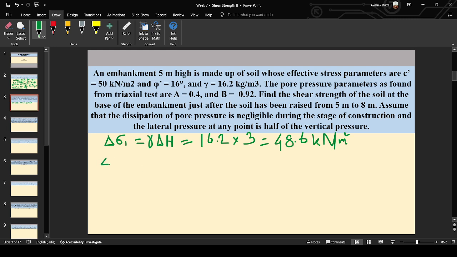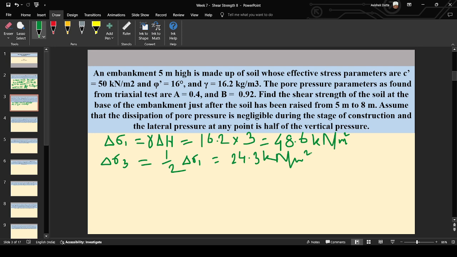What is the change in sigma 3? It is half of the change in sigma 1, that is equal to 24.3 kilonewton per meter square.